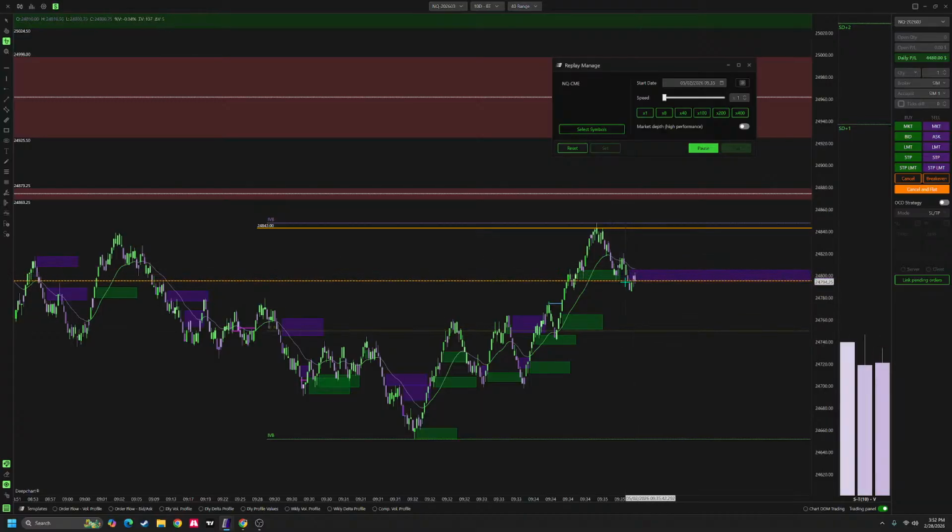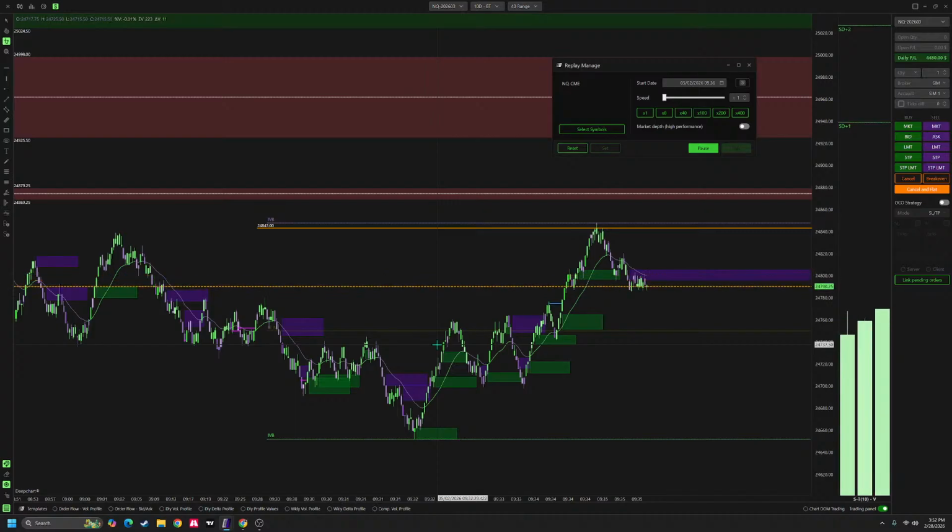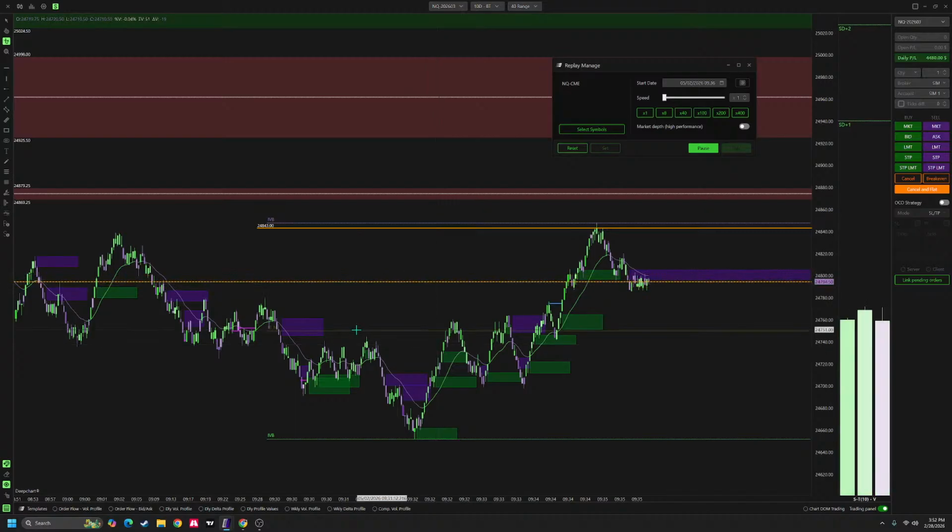Zones are really tiny, so sitting on the hands at the moment. A little bit of selling pressure here.